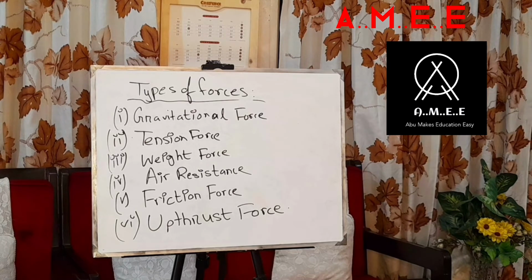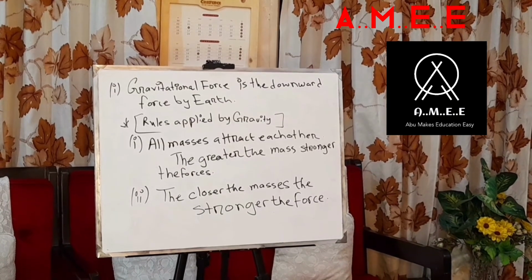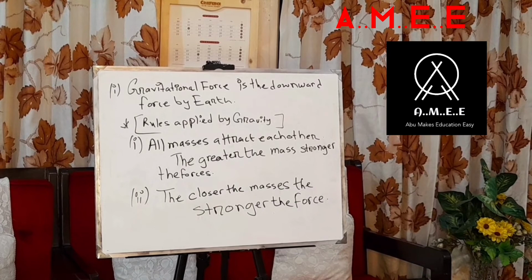Let me write the definition of the gravitational force and also the rule of each. So let's come to the point here that I have written the definition of gravitational force and also the rules that apply by gravitational force or gravity. Gravitational force is the downward force by earth.